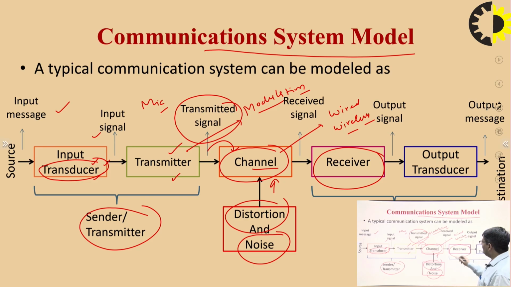On the receiver side, the received signal is taken from the channel by the receiver, and in the receiver all the processes are reverse in nature to those in the transmitter side. For example, in the transmitter we used modulation, so here we will use demodulation.